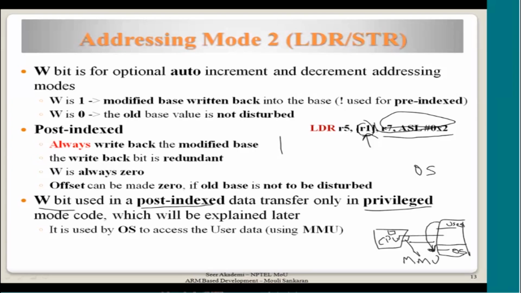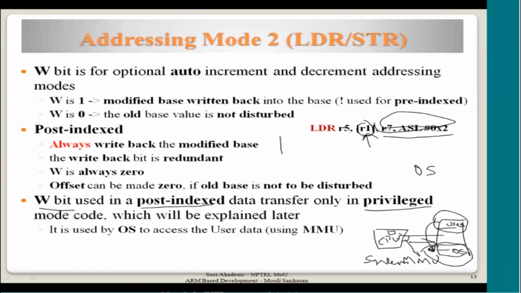Malicious software can try to modify the OS code. So the MMU makes sure that if you are in user mode, you are not allowed to access the OS space. That means in system mode, when the OS is running, the MMU will always map the memory addresses generated by the processor to the OS memory space.